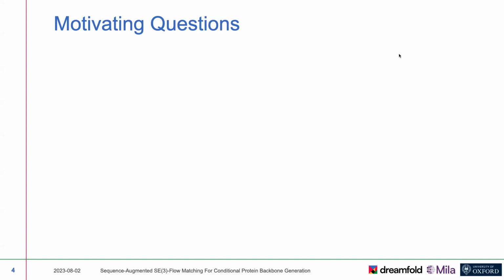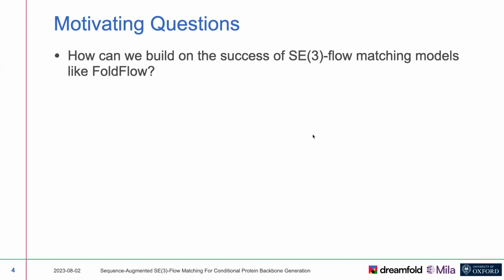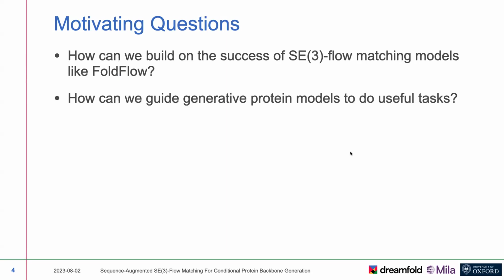Okay, so just before we get into the background section, some motivating questions that guided us during this research and that hopefully we'll touch on in this talk. So the first one is we wanted to see how far we can push the success of these SE3 flow matching models like FoldFlow. That was our initial starting point.